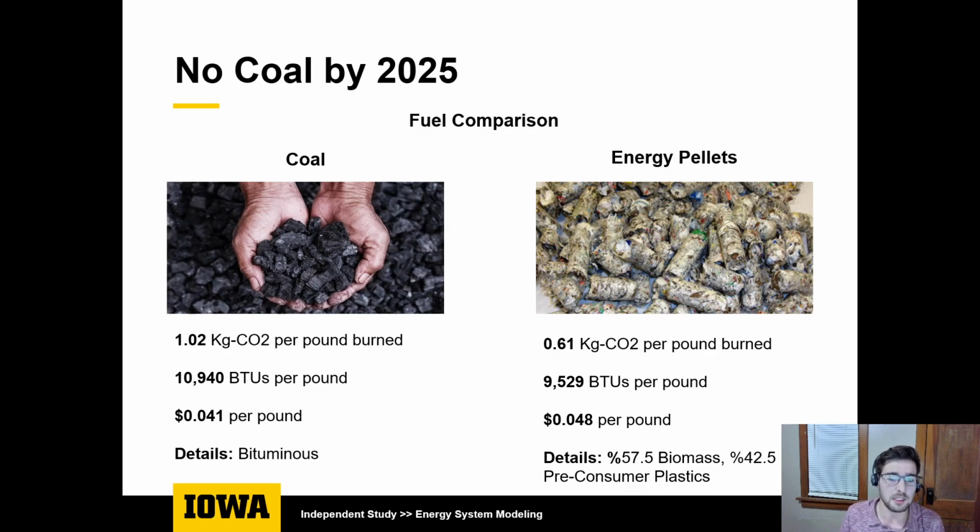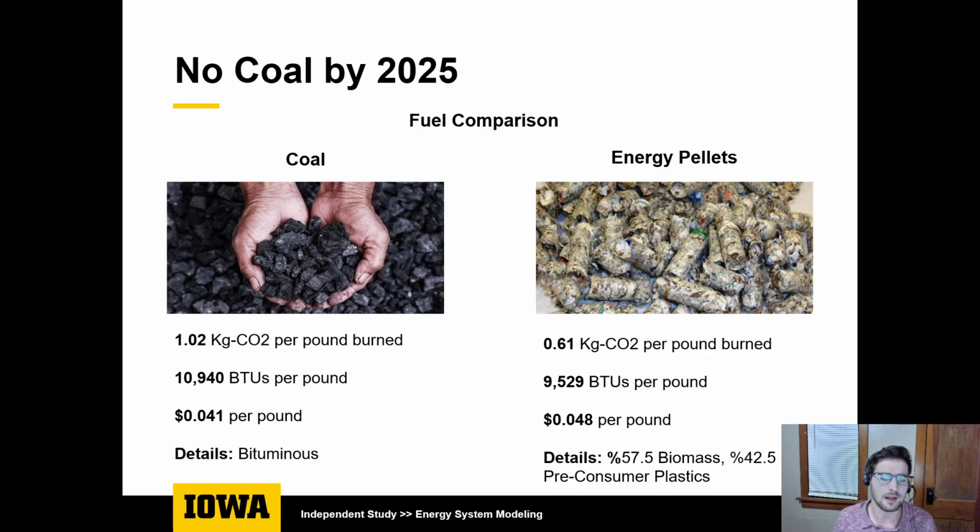That biomass could be grasses, it could be papers or cardboards from industrial waste, so various different kinds of biomass. They're mostly biomass, but they also contain pre-consumer plastics, so plastics that would be waste of manufacturing processes, but instead of going to the landfill, it gets packed into these energy pellets and used as fuel.